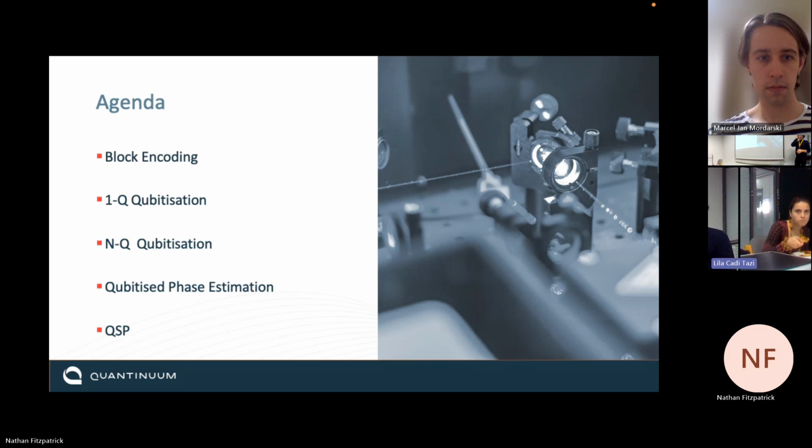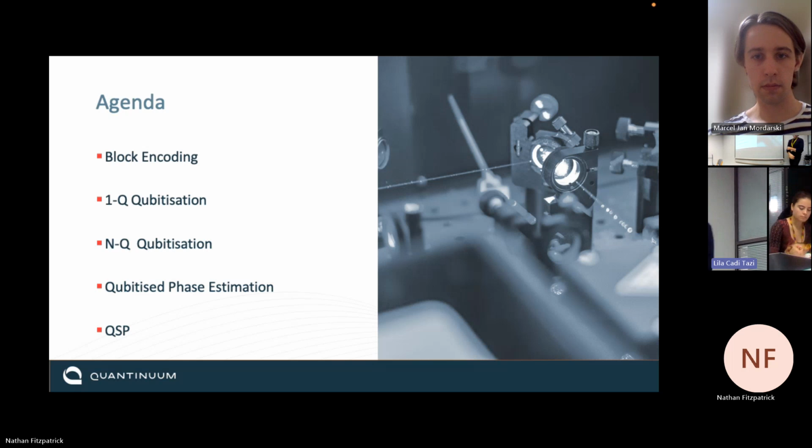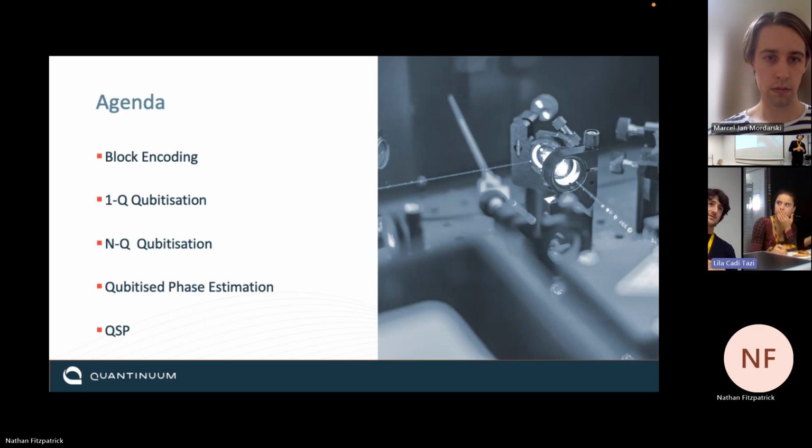And it's essentially the same as implementing the Chebyshev polynomials of an operator at the circuit level. And then I will show how the first useful use case of this is for Qubitised phase estimation. So there's a paper from 2018 by Ryan Babbush and the Google guys called linear T-gate complexity for quantum phase estimation.